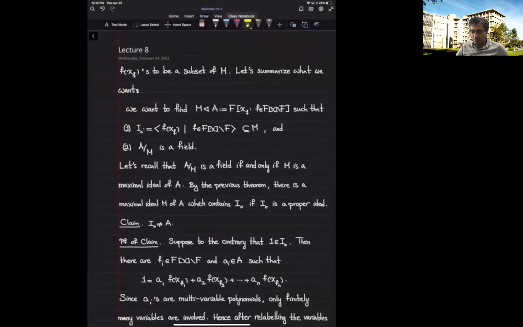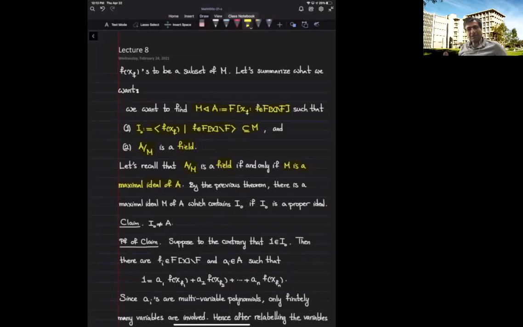Again, we want to find an ideal M in the ring of polynomials with this many variables, so that I naught, the ideal generated by the f of x sub f's, is a subset of M, and A over M is a field. Again, A over M is a field if and only if M is a maximal ideal.